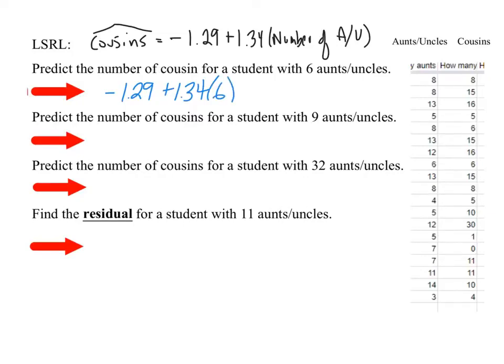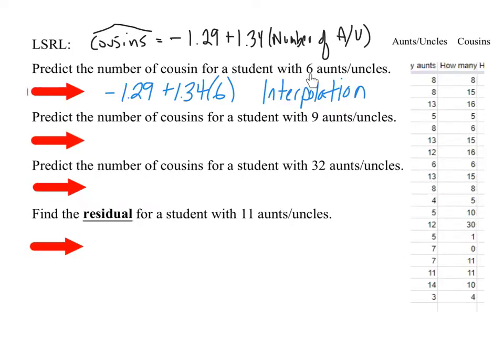This is what's known as interpolation. And what interpolation means is, can we predict with confidence an outcome within the domain of the data we have? And our domain here is, we've got all the way from 3 aunts and uncles up to, I guess, 13 is our highest.